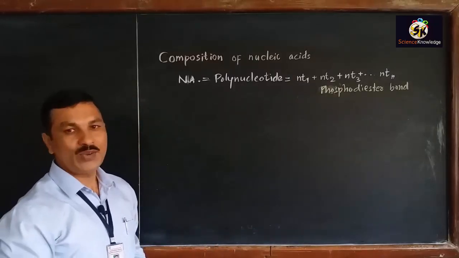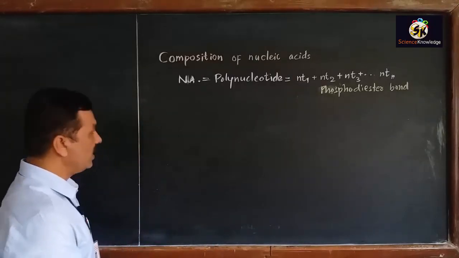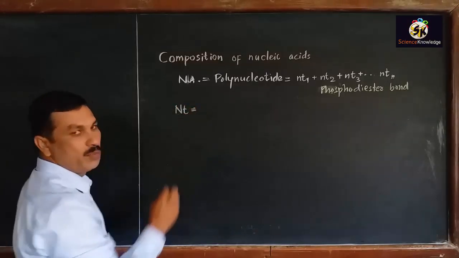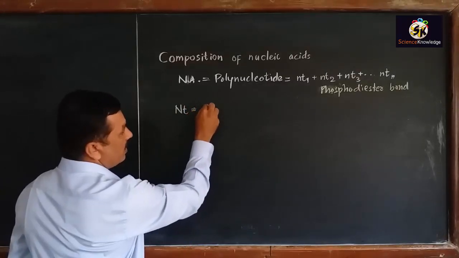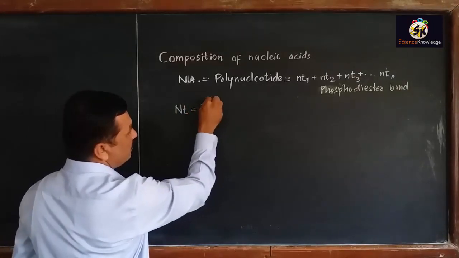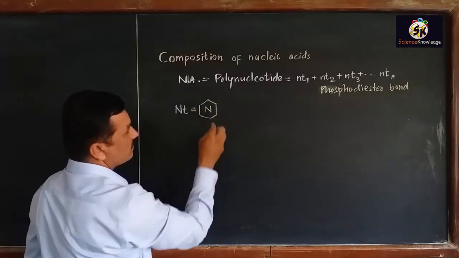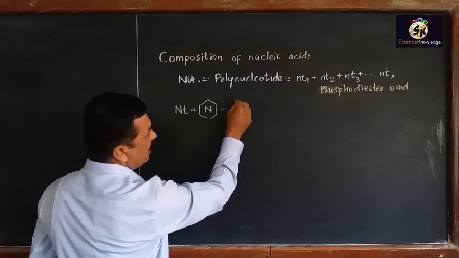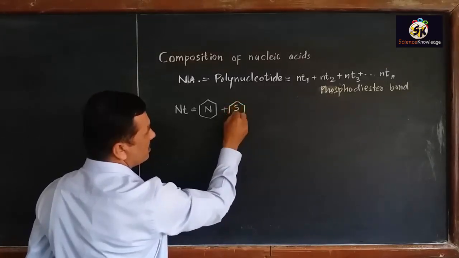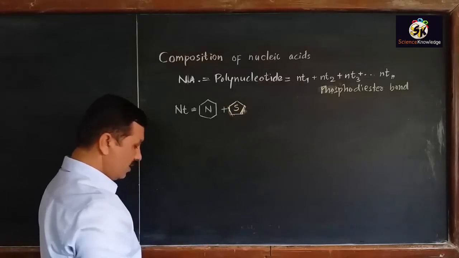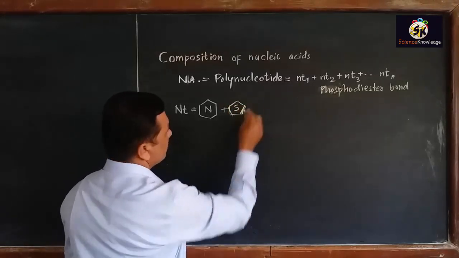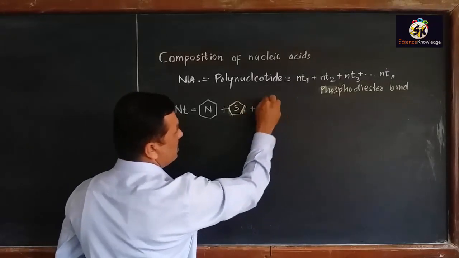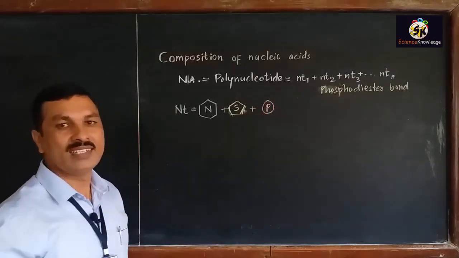Now the single nucleotide consists of three molecules, namely a nitrogen base, which is usually represented as a hexagon, plus a sugar molecule which is represented as a 5-membered ring, so a pentagon, and a phosphate which is usually represented as a circle.